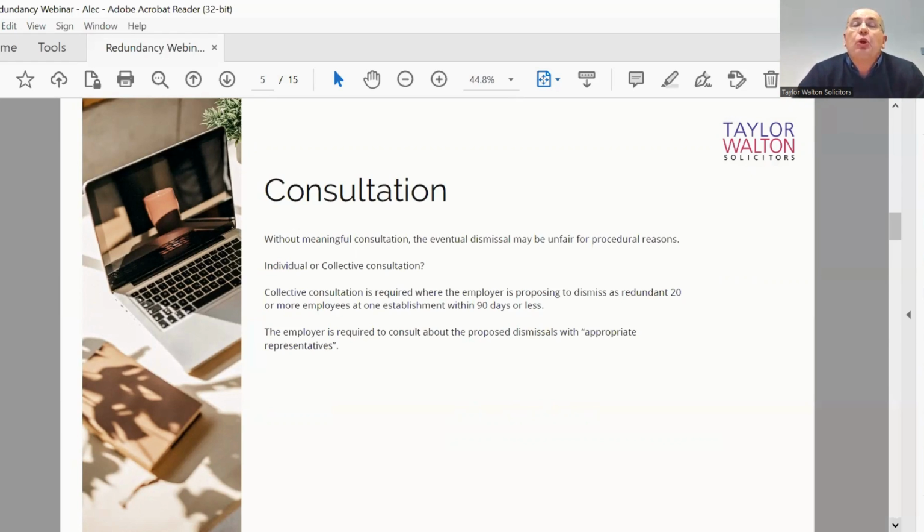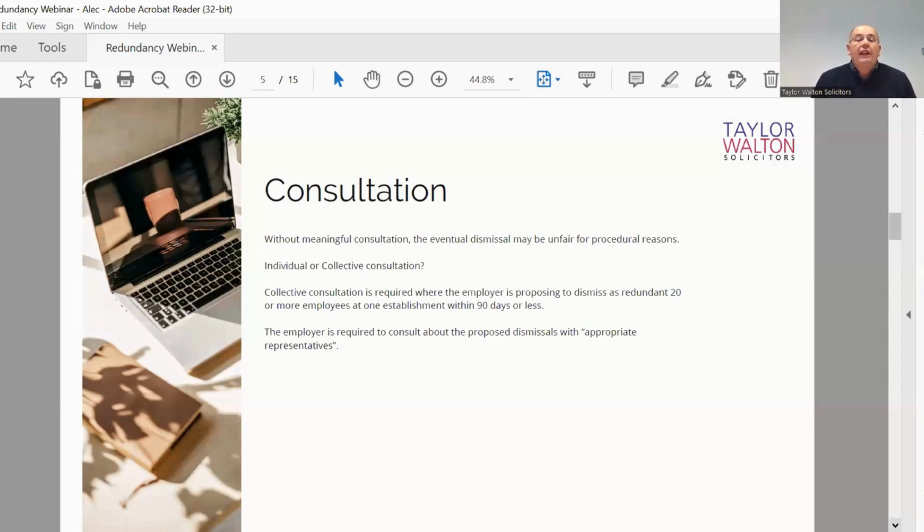Collective consultation is required where the employer is proposing to dismiss as redundant 20 or more employees at one establishment within 90 days or less. And in those circumstances, the employer is required to consult about the proposed dismissals with the appropriate representatives.